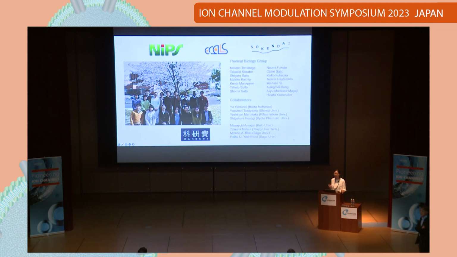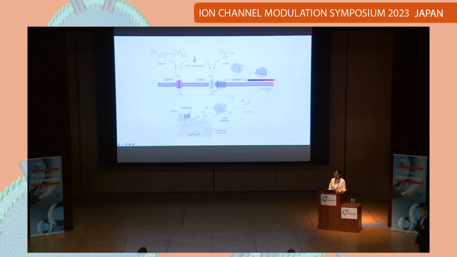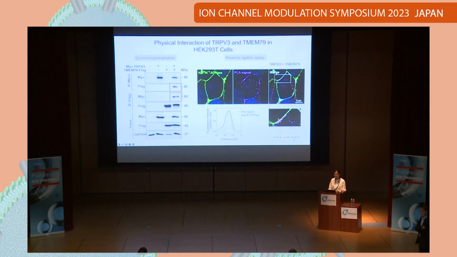In your PLA data, the signal was observed only on the plasma membrane, but not in internal organelles. I thought it could also accumulate together in organelles, but that's not the case? If you see this result, it's mainly located on the membrane or close to the plasma membrane, but there's more portion located inside.